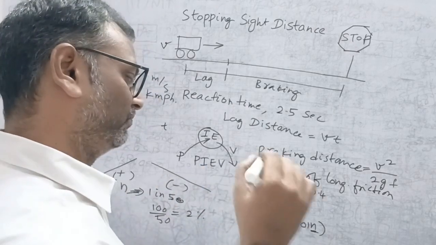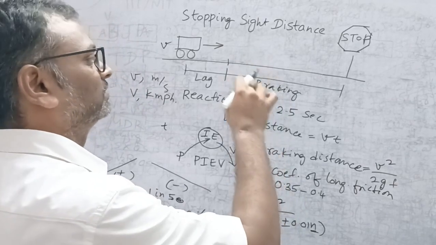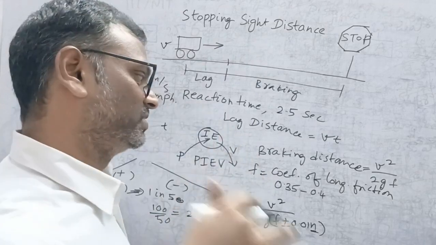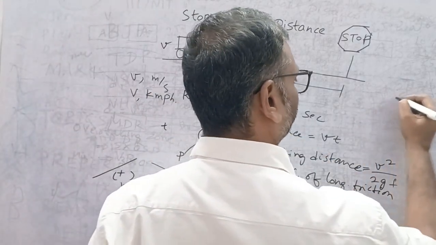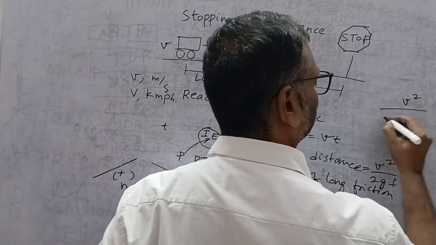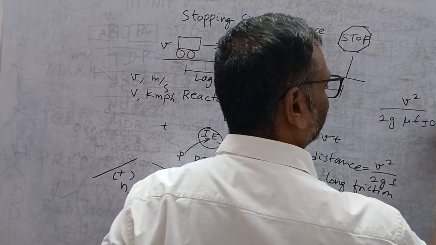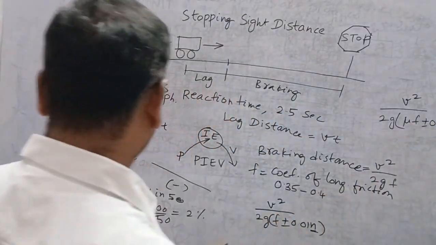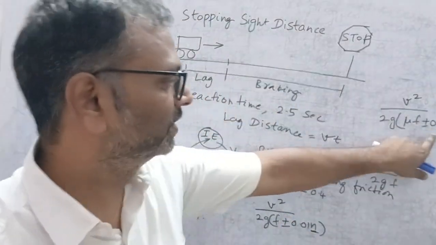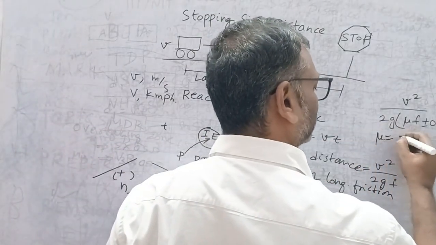And if the vehicle's braking efficiency is also given, then this formula becomes v square by 2g(mu f plus or minus 0.01n). So this plus is for ascending gradient and minus is for descending gradient, and this mu is braking efficiency.